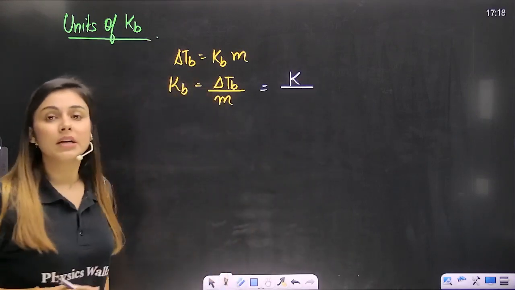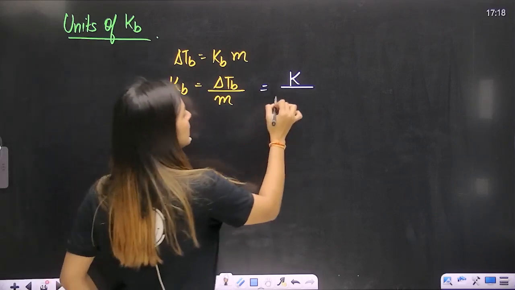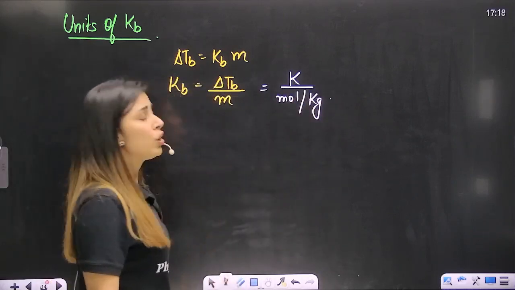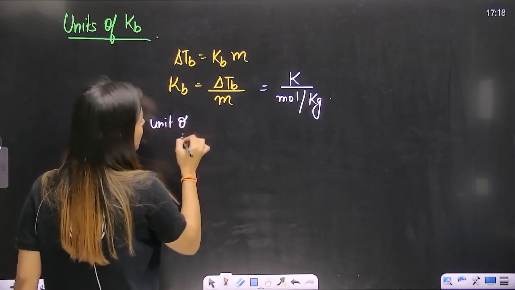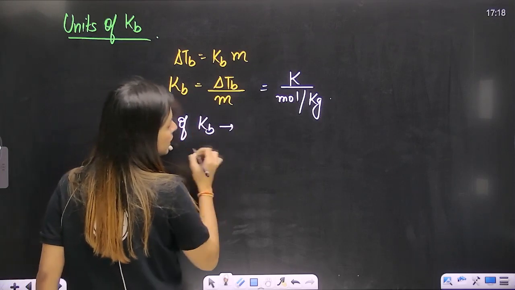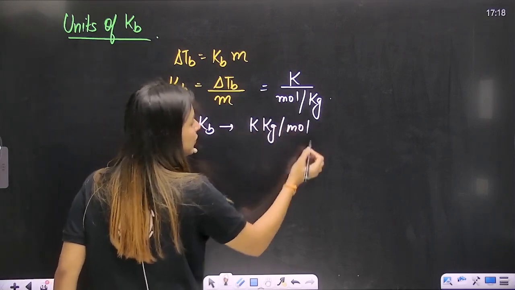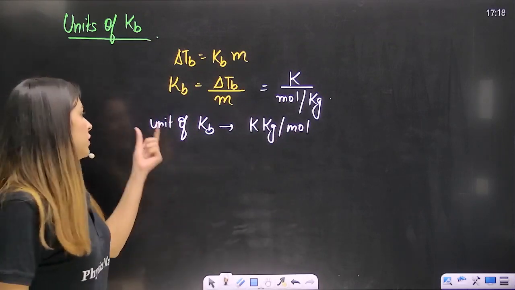Divided by, down in the denominator we have molality and the unit of molality is mole per kg. So from here we can say that the unit of Kb came out to be Kelvin kg per mole. This is the unit of Kb.